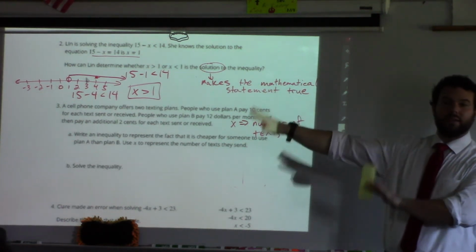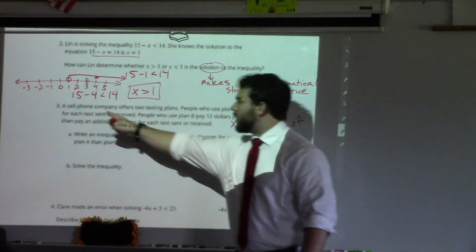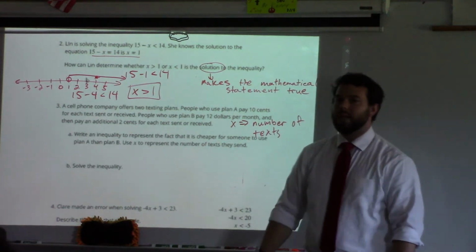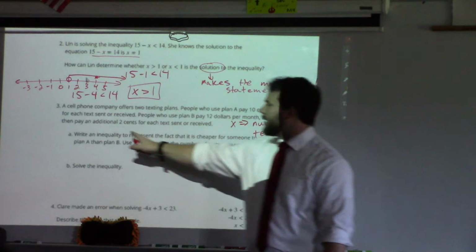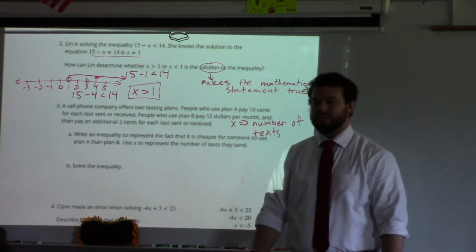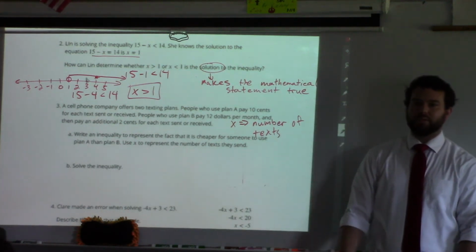No, that's a number given to you, right? It's 10 cents for each text sent or received. And I know that's my variable, the number of texts sent or received, because again, an additional 2 cents for each text sent or received, right? Notice how that's the idea that keeps showing up both times?